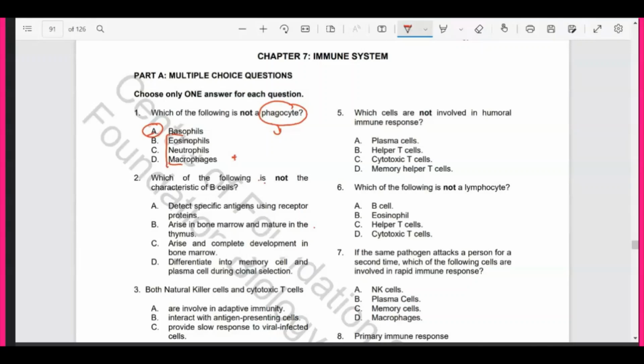Phagocytic cells, and then antimicrobial proteins such as interferons and the complement system, complement proteins. The third is natural killer cells, that kill infected body cells. And the fourth one is the inflammatory response. Those are the 4 components of the second line defense that you have to know.